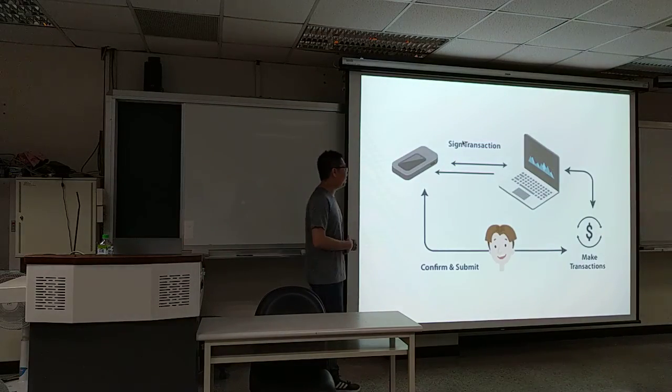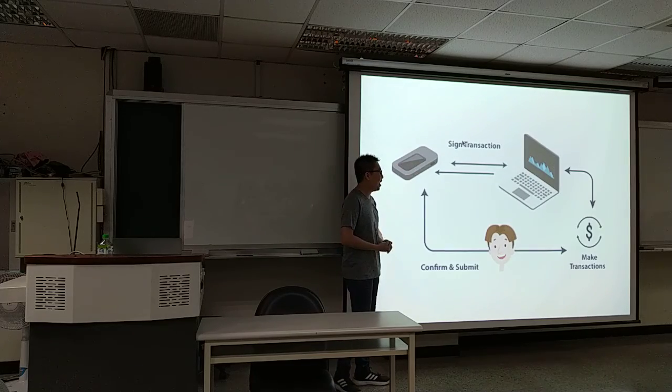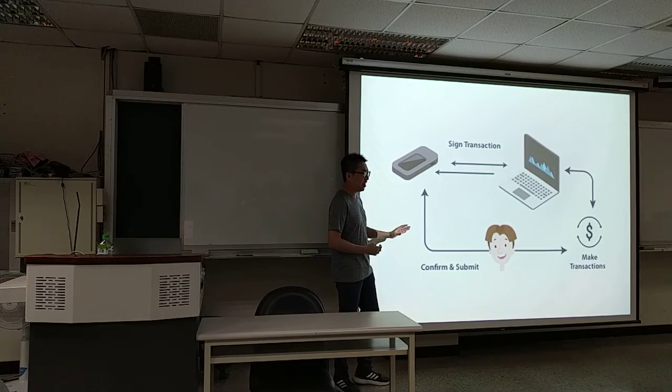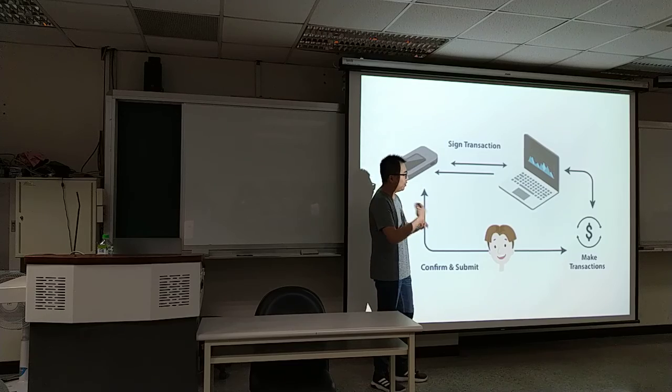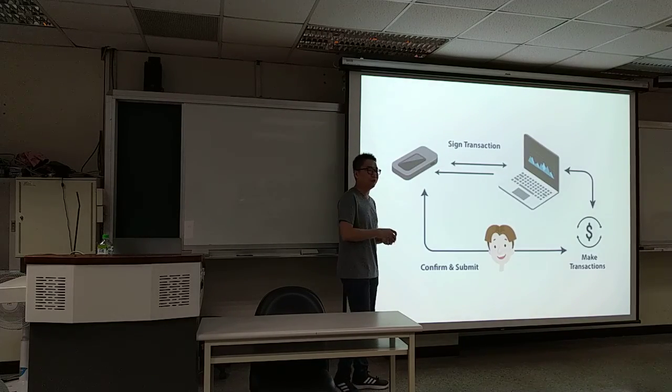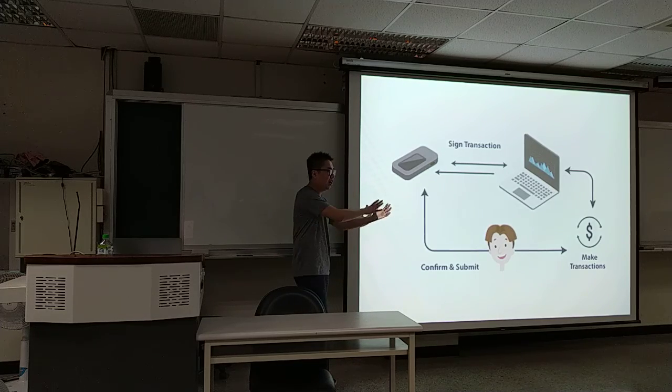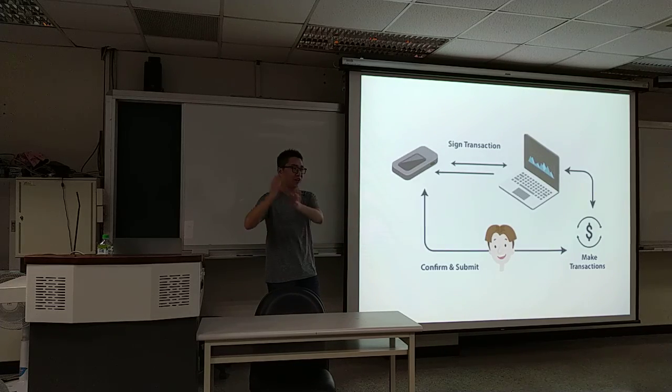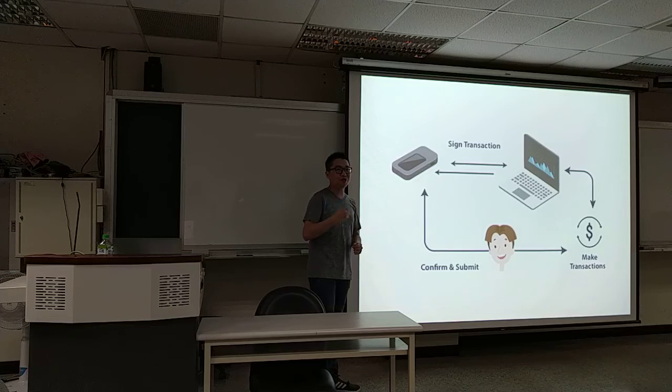It is just a small device that helps us confirm transactions. Whenever we want to perform some operation on the blockchain, maybe we want to withdraw funds from account A and send it to account B, or maybe we want to execute some smart contract transaction code.